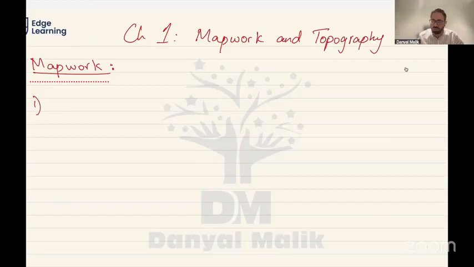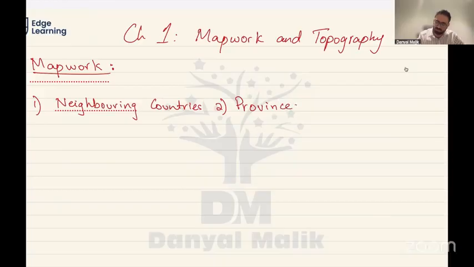Now within map work, number one, we need to know the map work of neighboring countries. Then we need to know the map work of provinces. Then, number three, we need to know the map work of latitude.